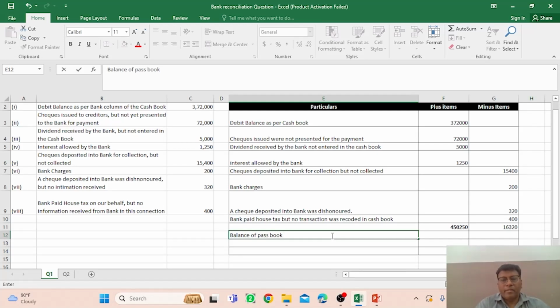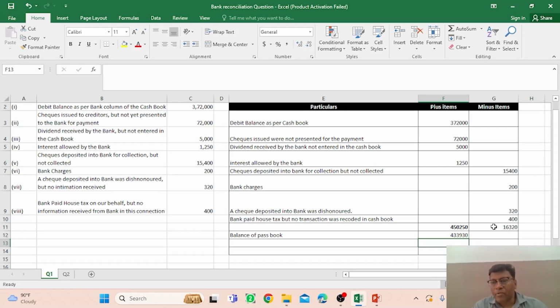You have to find what that is. We just apply the formula in Excel because we have the facility right now, otherwise manually you can solve it. This is the amount, minus this one, and you find this particular amount, right? You have to check whether it is correct or not, right?